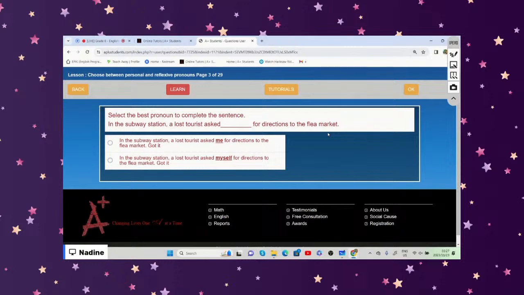So is it me, which is option 1, or myself? Basically, this will be the personal pronoun because the tourist asked me for directions, right?